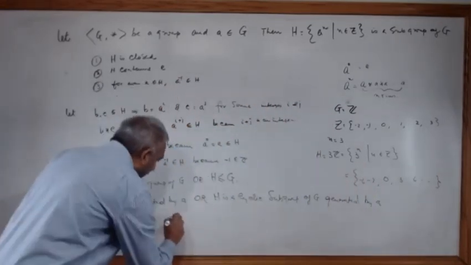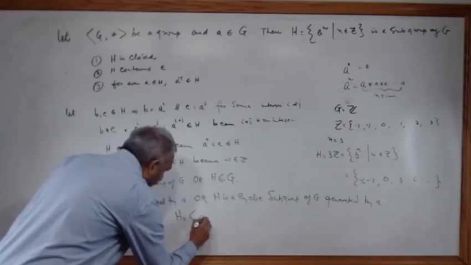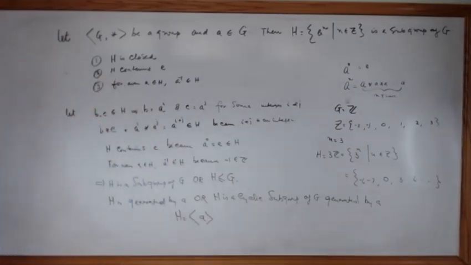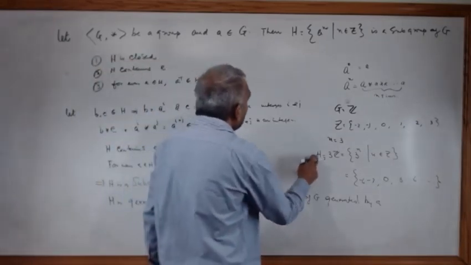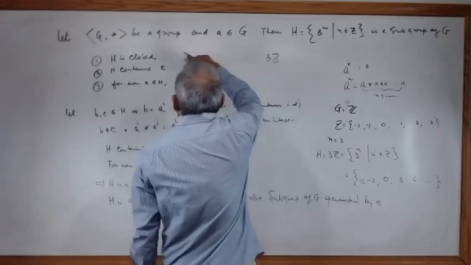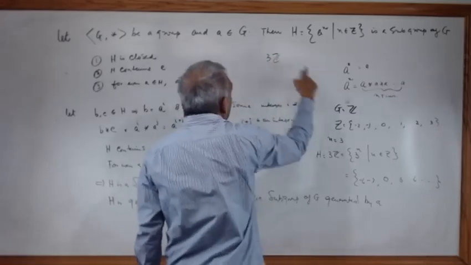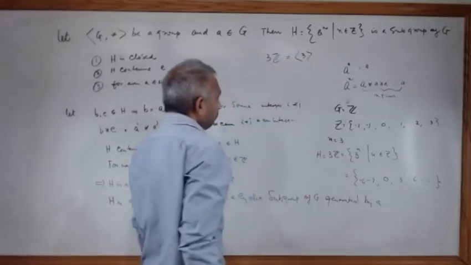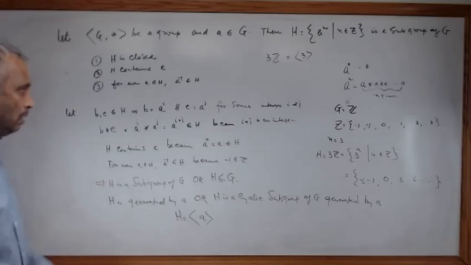And we'll denote H is equal to angle brackets a. So here 3Z is a subgroup, cyclic subgroup of Z and is generated by 3.